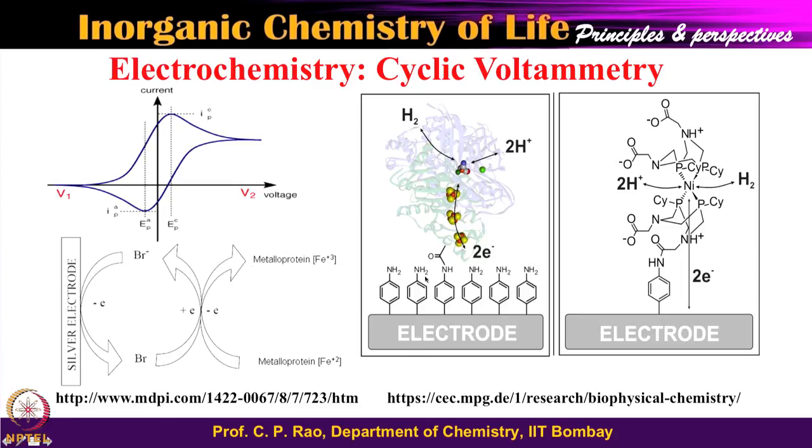That is why nature has managed its proteins to have iron sulfur centers with different potentials. I will explain this in more detail when I come to the iron sulfur proteins story. A simple example is shown over there: an electrode modified with this moiety, which is connected to this particular amide. This amide has phosphorus centers bound to the nickel center and another ligand.